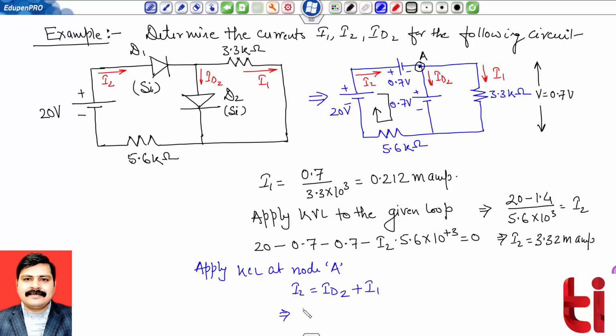So current ID2 will be directly I2 minus I1, that is 3.32 minus 0.212, or approximately 3.11 milliampere. So this is a very interesting numerical. We have calculated all the currents which we needed to find. So this is about this example.